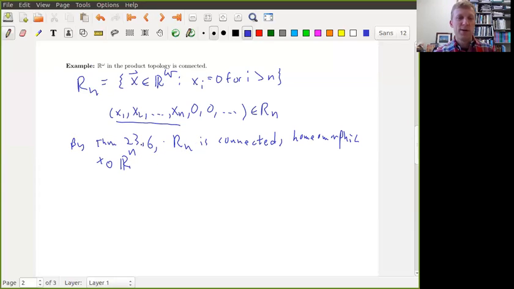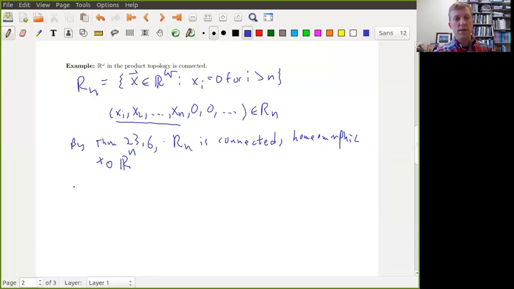You can easily define a continuous function from this Rn to that Rn by mapping a sequence to its first n coordinates. That's an invertible map that is continuous, and the inverse is continuous as well. The continuous image of a connected set is connected, so these are all connected here.